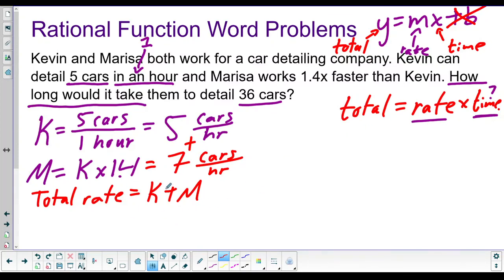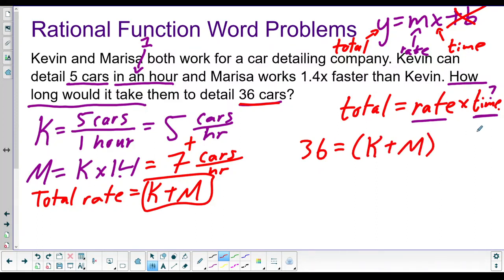They both have their own car bay, right? So we just add their rates together. So now we're going to plug in our total rate into this equation, and we know we're trying to do a total of 36 cars. So we have 36 cars equals Kevin's rate plus Marissa's rate times T. And we're looking for this T. How much time does it take them to do all those cars? So we're going to plug in these numbers.